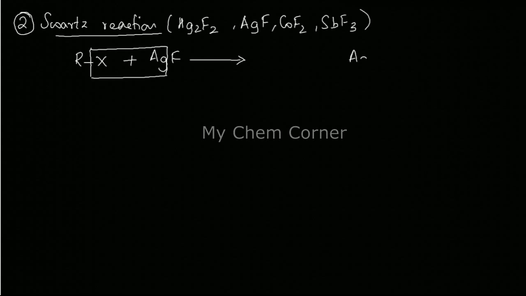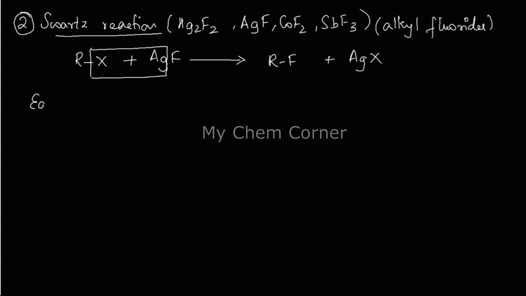So I will get AgX plus RF. Here, what am I trying to produce? This reaction is used to produce alkyl fluorides only. So in the halogen exchange methods, Finkelstein is for alkyl iodides, and the Swarts reaction is for alkyl fluorides.